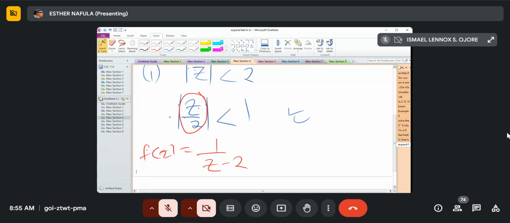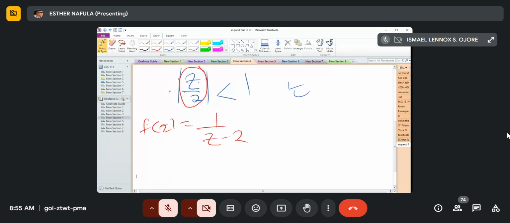So what can we do in this case? You can give a single manipulation that will transform it into 1 over 1 minus z, such that you'll have a z over 2 appearing, or you could go step by step. First, see how to arrive at z over 2, then check whether it's in the right form or not, then do an extra step. So what can we do in this case?